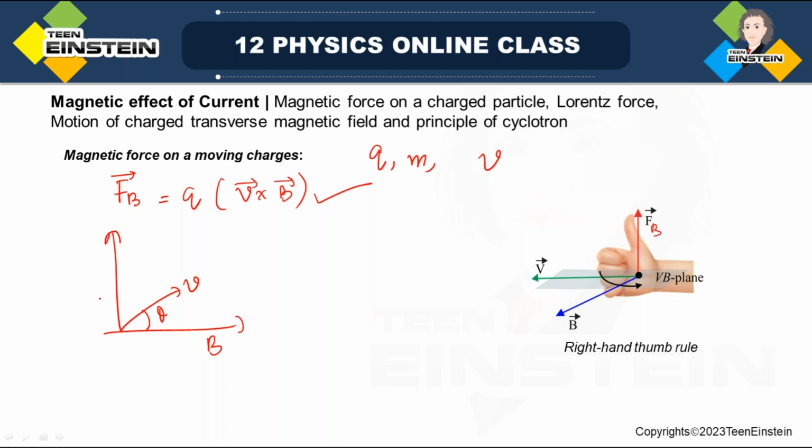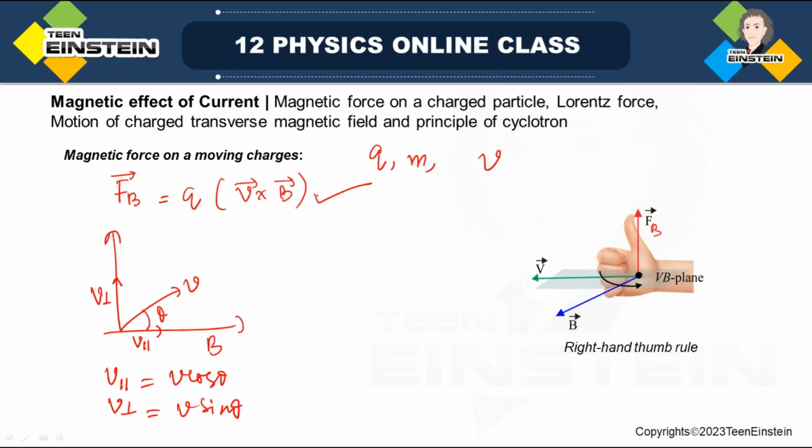In that case, we will have two components of the velocity. One is v parallel, along the direction of the magnetic field, that is v cos theta, and another is v perpendicular, that is v sin theta.